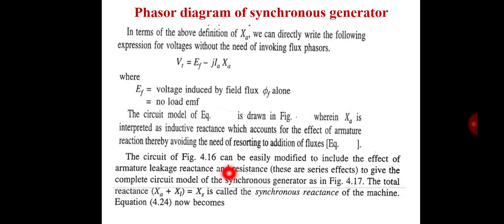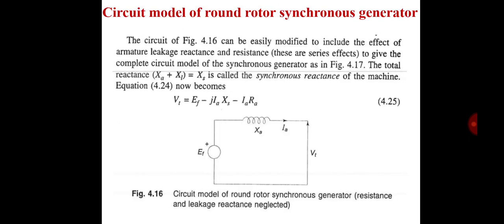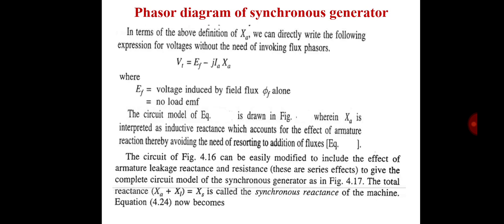So XA plus XL is equal to XS and is called the synchronous reactance of the machine. Now the terminal voltage equation becomes Vt is equal to EF, with resistance and reactance considered. In the earlier equation, Vt is equal to EF minus jIa XA, the resistance is neglected.